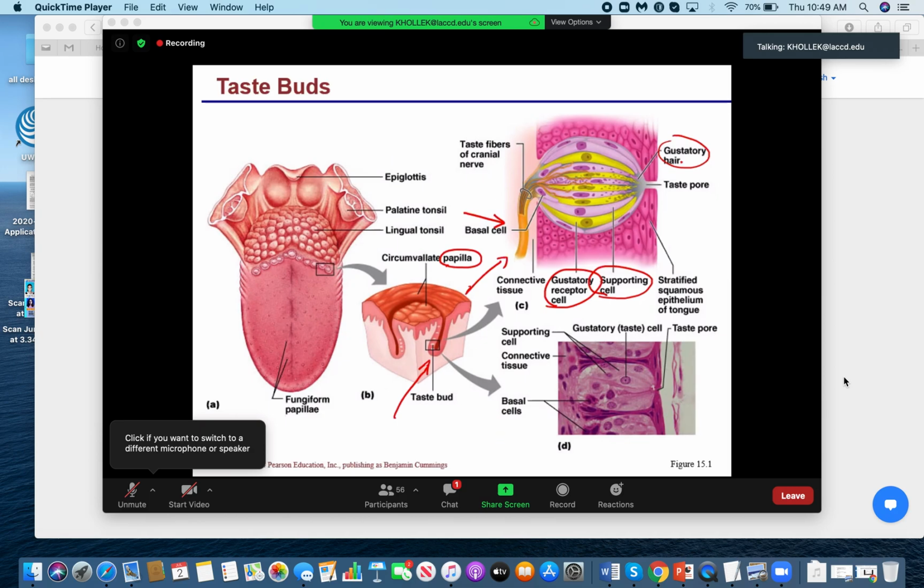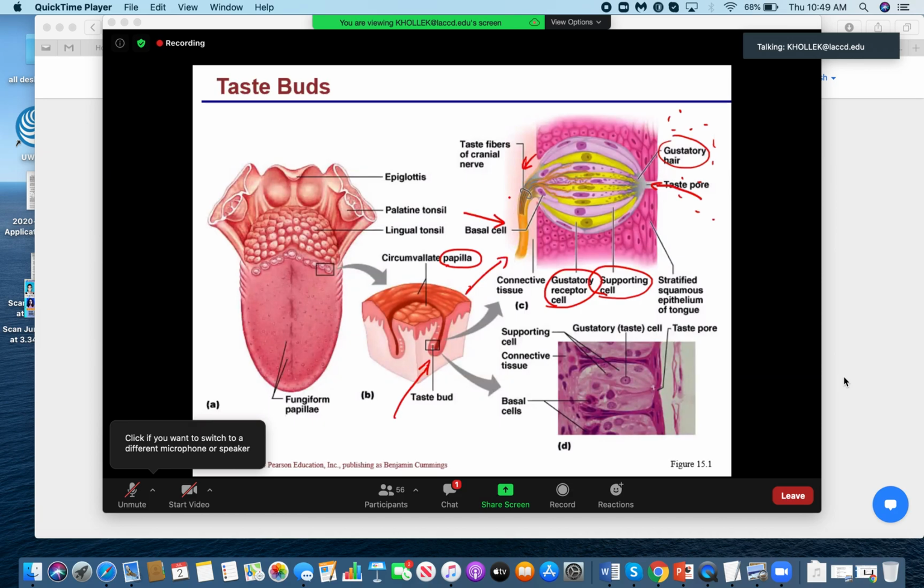So there are a lot of chemicals in our food. These chemicals in our food, which happen to be in the oral cavity, enter the taste pores. Then these taste chemoreceptors detect them, and they send neurotransmitter and communicate with these nerve cells. And these nerve cells again are sensory neurons.